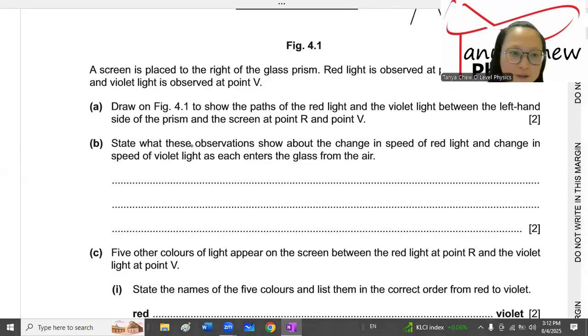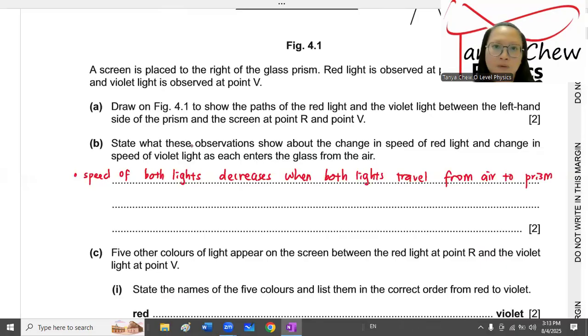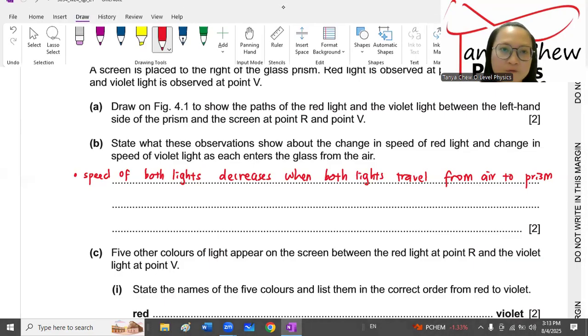I would say that the speed of both lights decreases when both lights travel from air to prism. Speed of light in air is 3 times 10 to the power 8. Speed of light in glass prism is always lesser. Okay, now that's my first point.